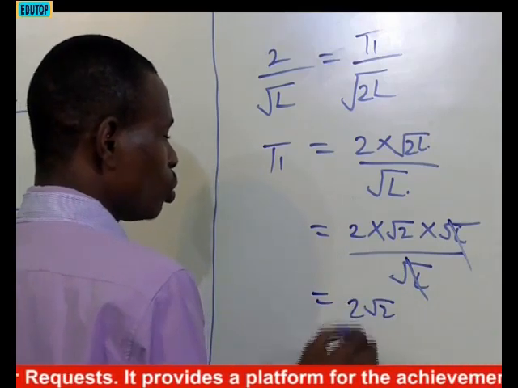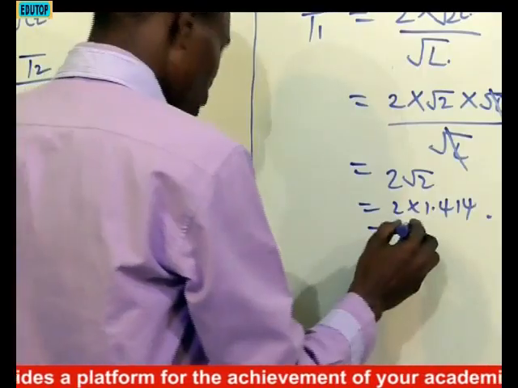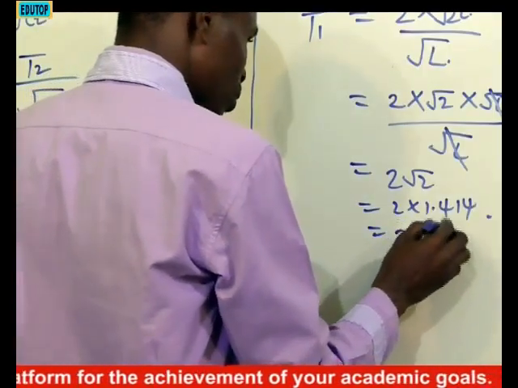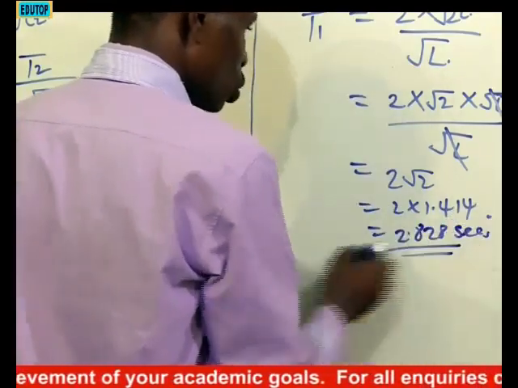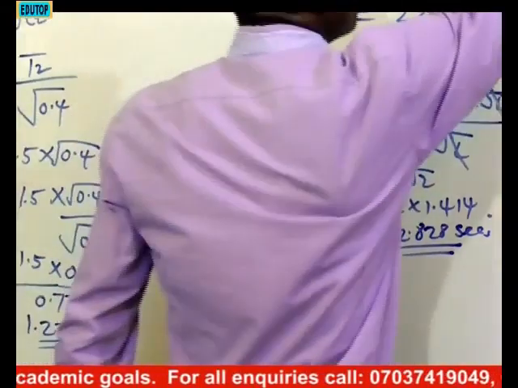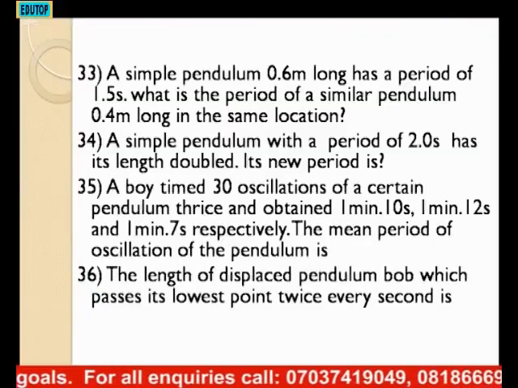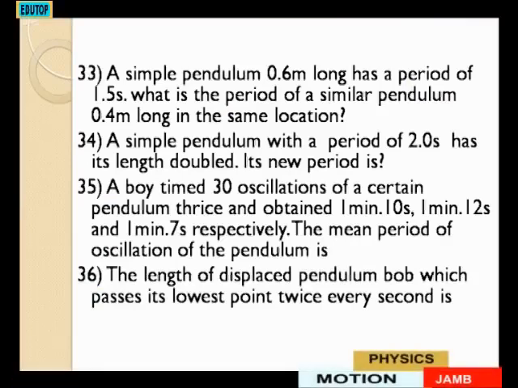I know root 2 is 1.414, so 2 times 1.414 will give us 2.828 seconds. And that is what is being required.